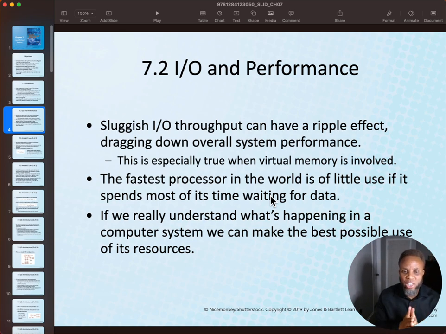So here we're saying that if you have the fastest CPU in the world, yet your I/O driver is slow, the computer is going to appear sluggish. If your processor is fast, but your monitor is slow, or your keyboard is slow, or your mouse is slow, the system will just appear sluggish, right? So that's what it's saying here, okay?